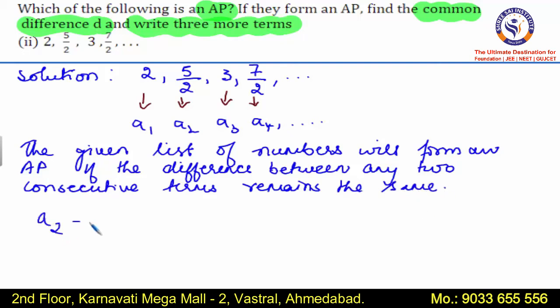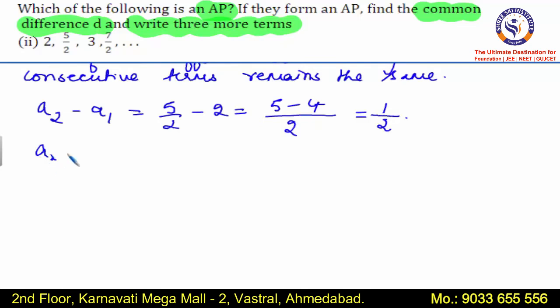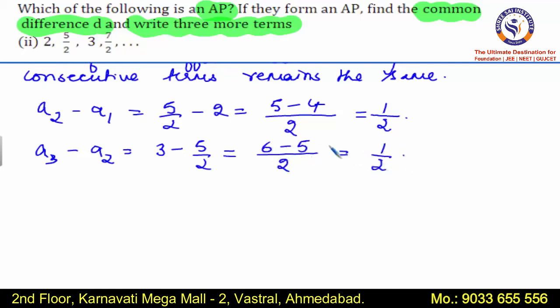First, let us find out A2 minus A1. This is equal to 5 upon 2 minus 2, which is equal to, taking the LCM 2, in the numerator 5 minus 4, which is equal to half. Now let us find out A3 minus A2. This is 3 minus 5 upon 2, and again in this case the LCM is 2, and in the numerator we have 6 minus 5, and this is equal to 1 upon 2. Similarly, let us find out A4 minus A3. This is equal to 7 upon 2 minus 3, and here in the denominator we have 2, and in the numerator we have 7 minus 6.